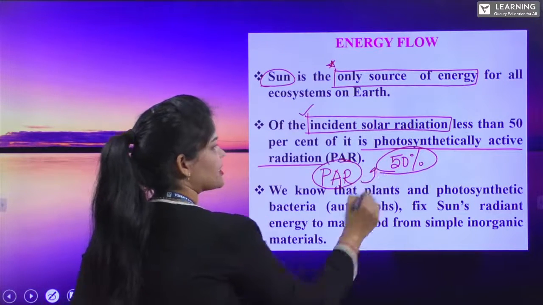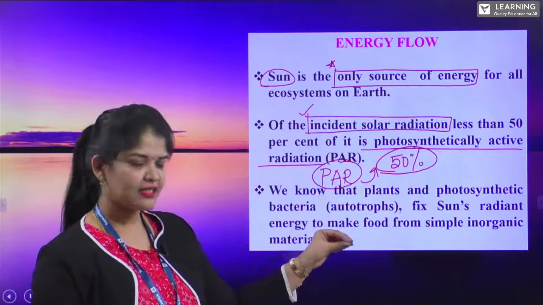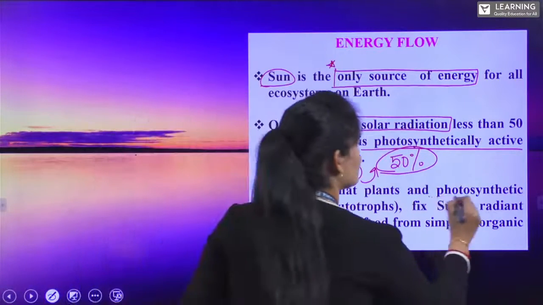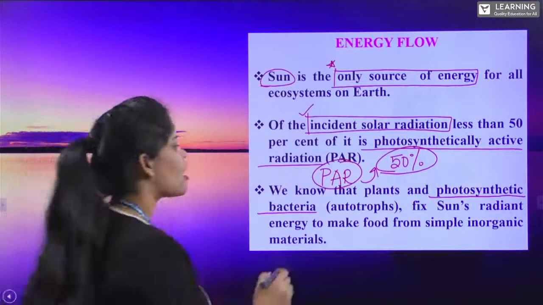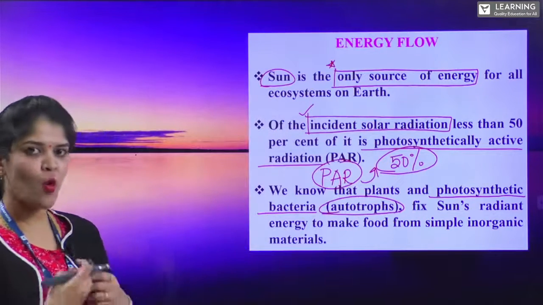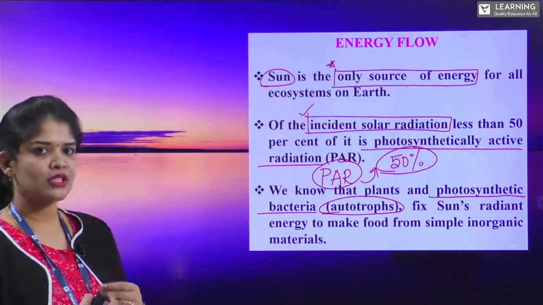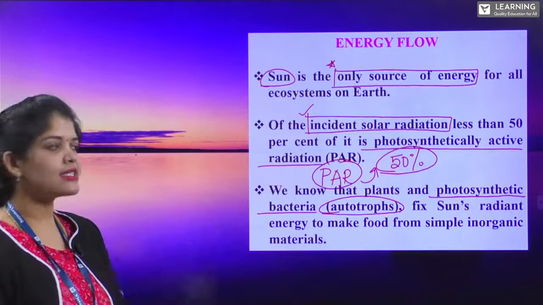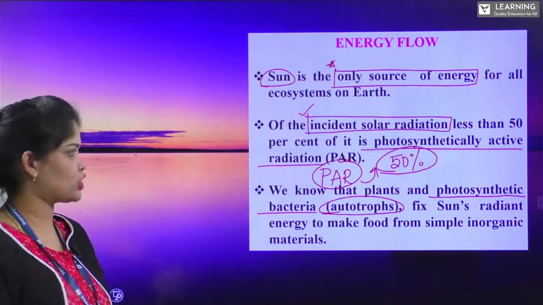Only 50% supports. So here we know that plants and the photosynthetic bacteria are nothing but autotrophs, right? Which can produce their own food materials. That is what we are calling auto. By performing photosynthesis, the plants as well as some of the photosynthetic bacteria use this PAR. What do you mean by PAR? Photosynthetically active radiation.